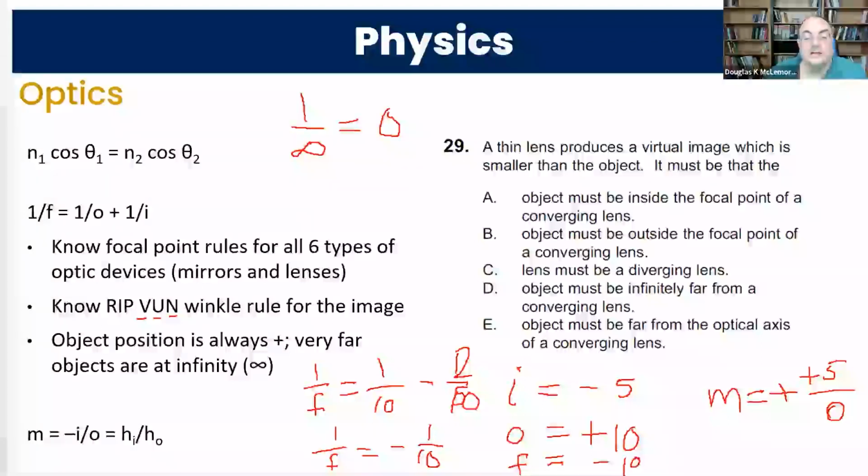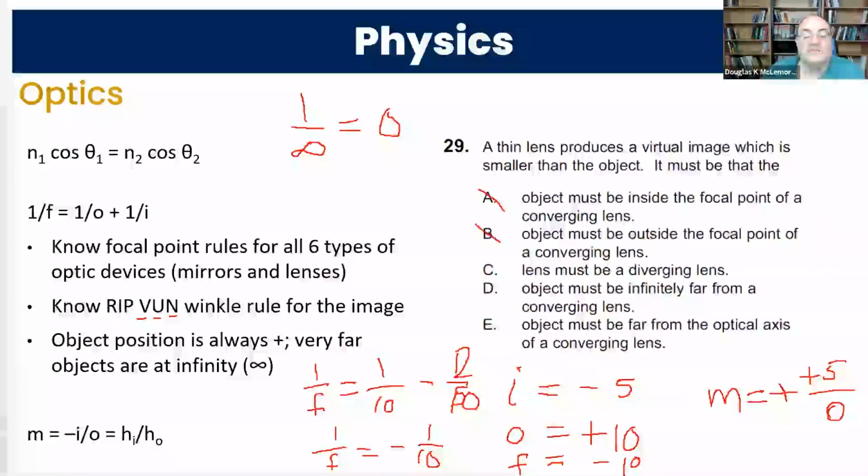Let's check our answers. Object must be inside the focal point of a converging lens. Object must be outside the focal point of a converging lens. Well, not if the focal point is -10 and the image is at -5, or sorry, the object is +10. This is not an inside-outside case.